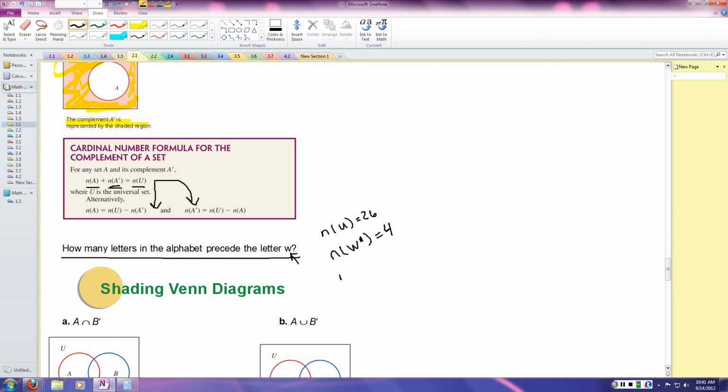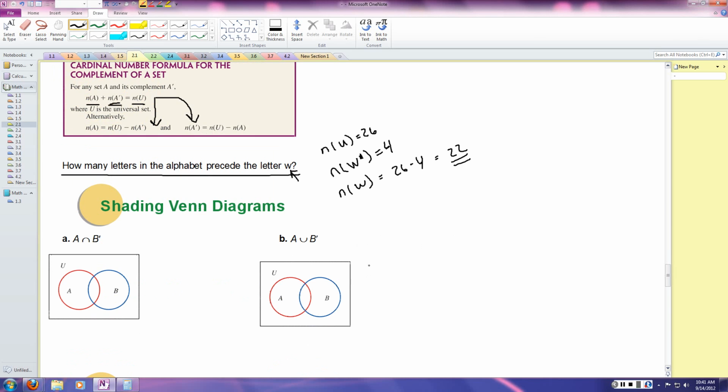So the number of elements that come before W would be 26 minus 4. So 22. So there's 22 letters of the alphabet that precede the letter W. So sometimes thinking in not W makes the work easier to do.